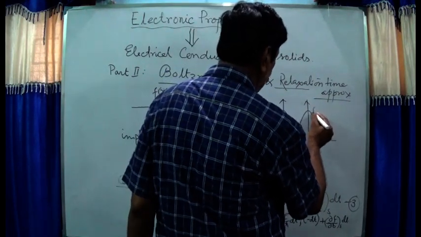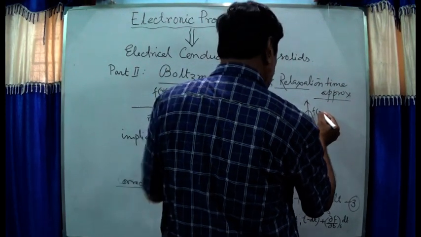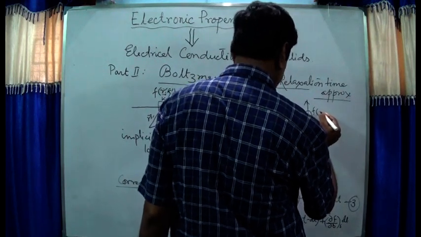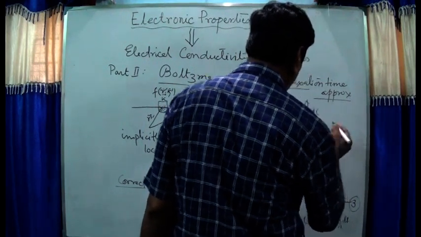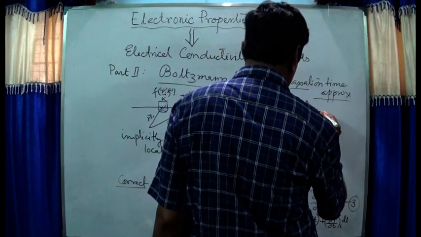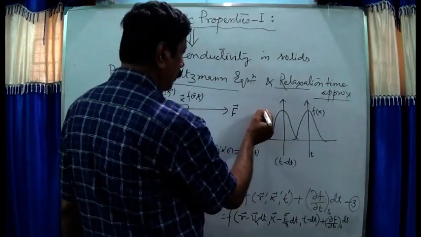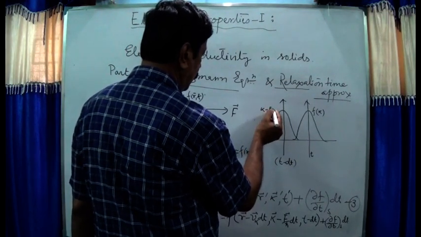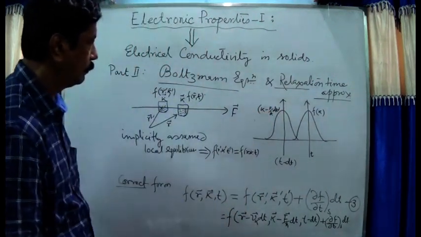So within the displacement due to the electric field, it will be k, and it is k minus F by h cut dt. Right?